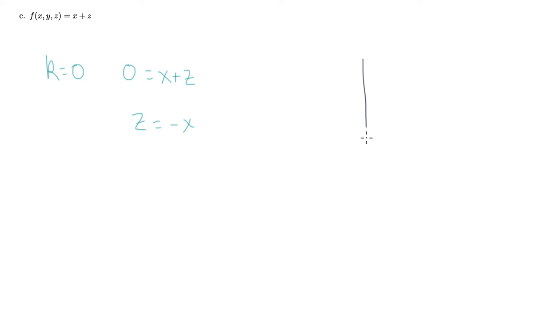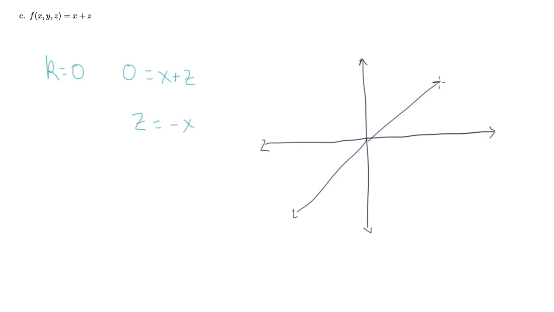So if we sketch a coordinate system, there we go. Then here's x and z. This is the positive x direction. This is the positive z direction. And so z equals negative x.